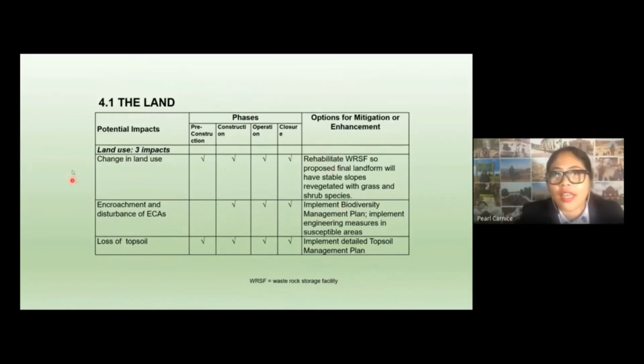So as you can see, every impact is considered in all phases, not only during the operation but up to the closure. And then all these impacts are addressed in their mitigation or enhancement activity.